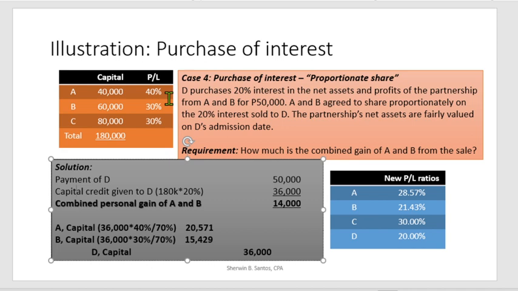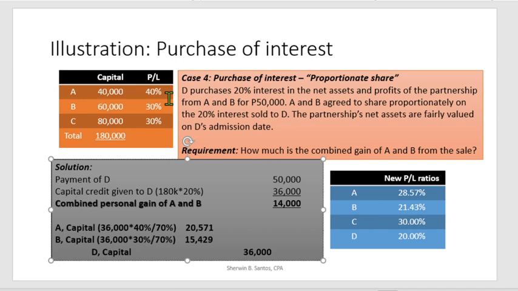Since binenta nila yung 20% nila, so 20% times 4 over 7 or 40 over 70.